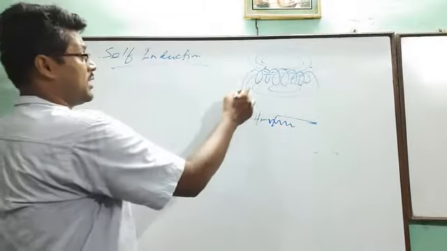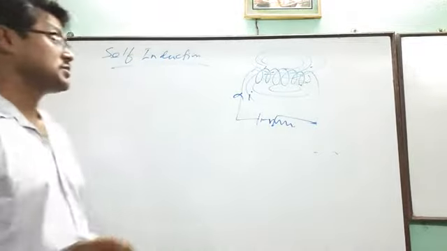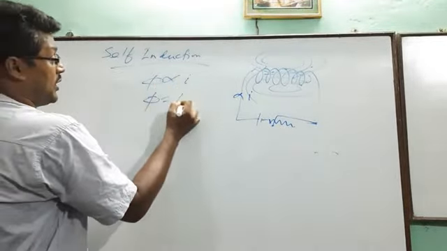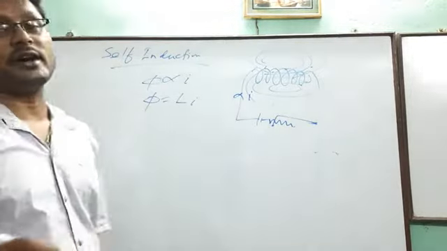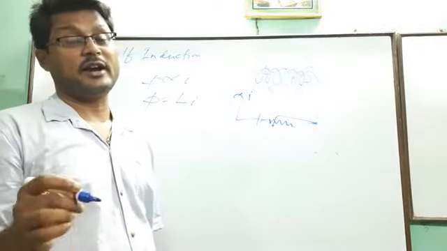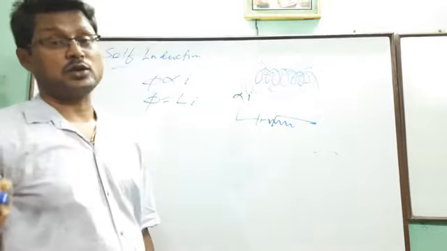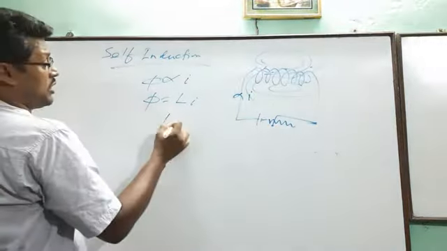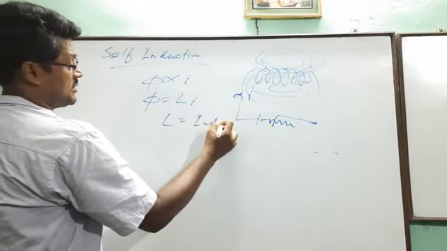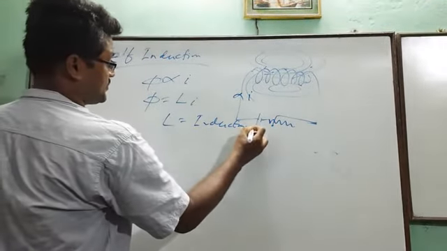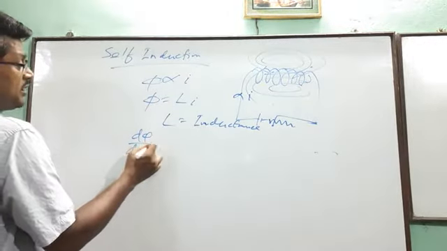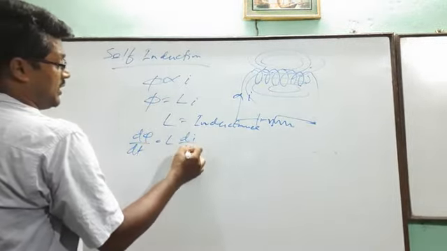Now, let the instantaneous current be I. So flux related with the coil phi is proportional to I. Then phi equals L I. That L is known as self-inductance, or coefficient of self-induction. Now you can take the derivative, d phi by dt equals L dI by dt.